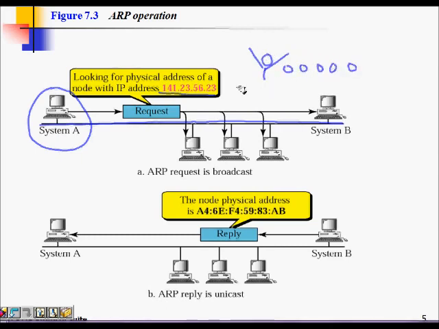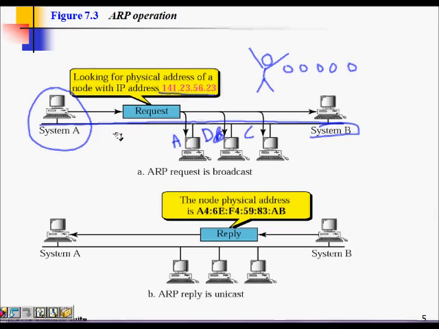So when I ask what the MAC address is for this IP address, I don't know whether it is machine A, D, C or this system B, which has IP address 141.23.56.23.